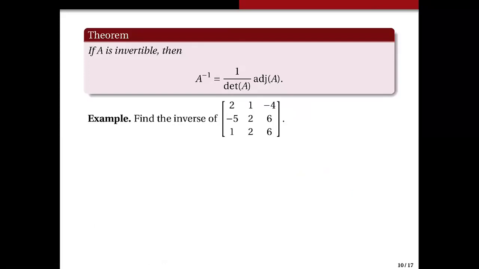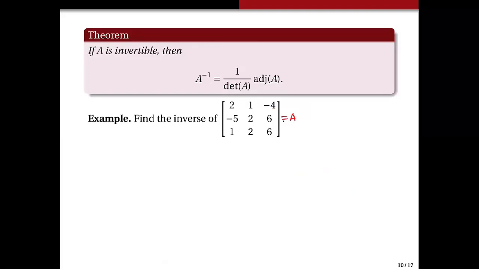To find the inverse, we can use the inversion algorithm if you want, or we can use this. For this example, we will use this because we already know the adjoint of A. I labeled this as A from before.